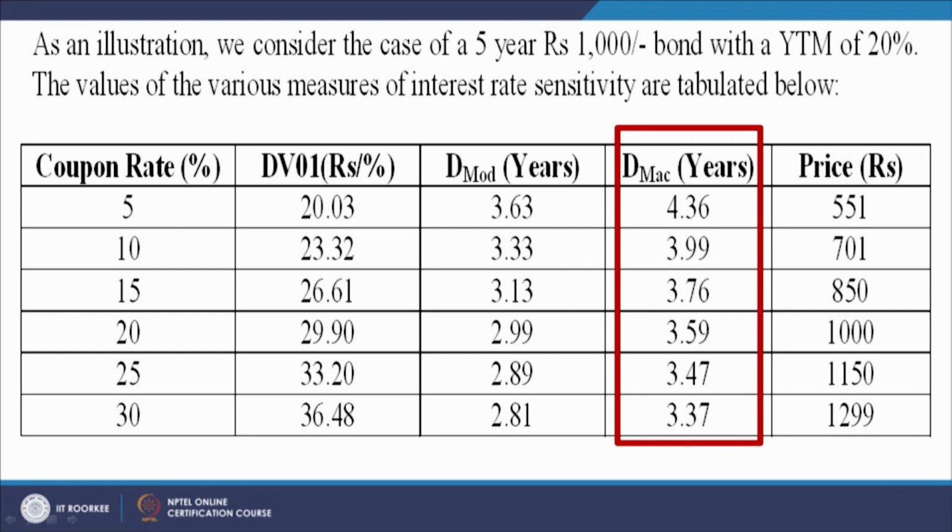This can be explicitly seen in this example. In this example, we consider the case of a 5-year rupees 1000 bond with a YTM of 20%. The values of the various measures of interest rate sensitivity are tabulated below. Given coupon rate, if it is 5%, DMAC turns out to be 4.36 years.